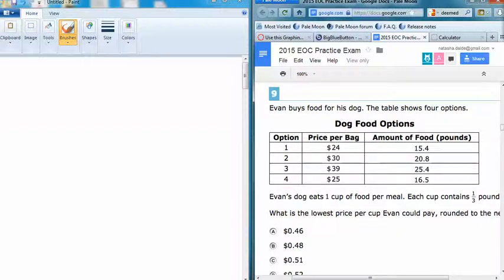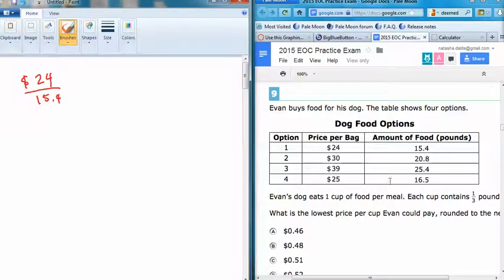Here's how I would solve this thing. This is kind of like the rice example that my wife gave me. Usually when I'm at Costco, I like to compare dollars per pound, or how many dollars it will cost you for every pound of food. So what I would do is say, all right, what is $24 divided by 15.4 pounds?